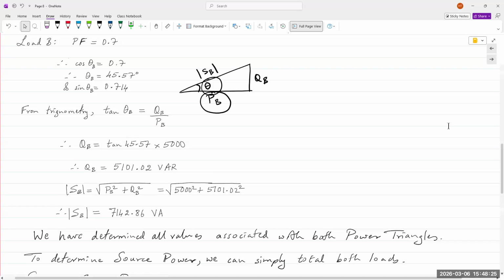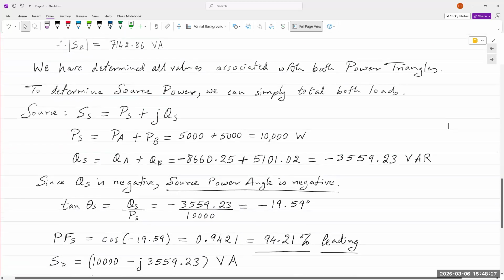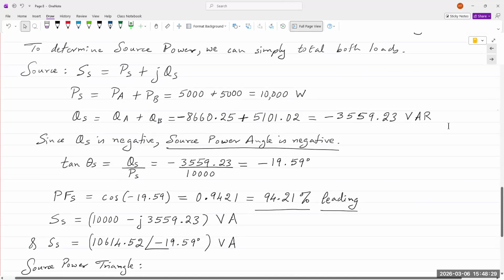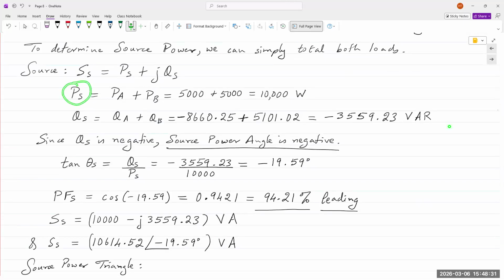Now for the source, simply add them all up. Total power supplied by the source, PA plus PB, so 10,000 watts. Reactive power QA is minus 8660. QB is plus 5101.